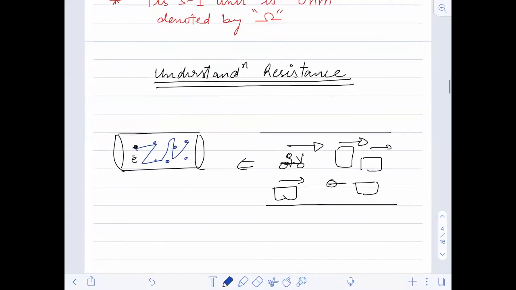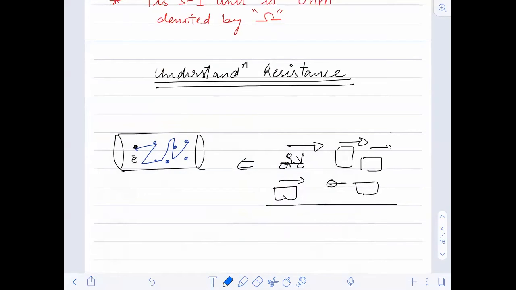So what I'm going to write here is the opposing force that is offered by the conductor to the flow of electrons, to the flow of free electrons, better we say.